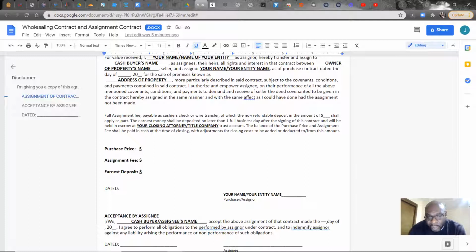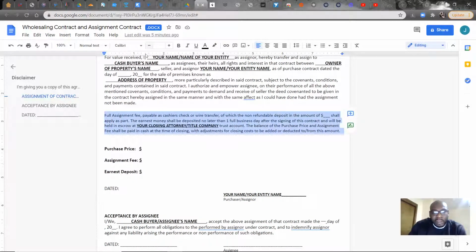So what you want to do is get a reasonable earnest money deposit that also goes into escrow. That way, if the cash buyer decides he wants to back out of the deal, your time isn't 100% wasted because you get that earnest money deposit. You know what I'm saying?